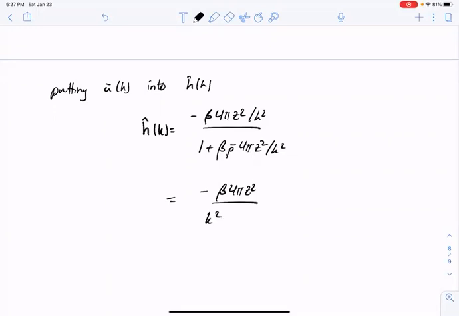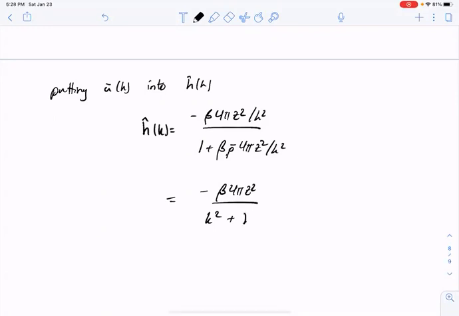K squared plus, now whatever is over on the last part of the denominator has to have units that are consistent with K squared. K, of course, the wave vector, has units of inverse length. K squared has units of inverse length squared.